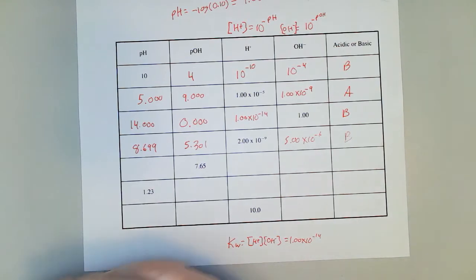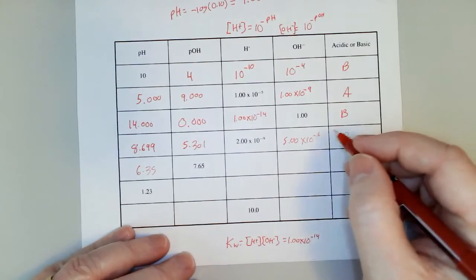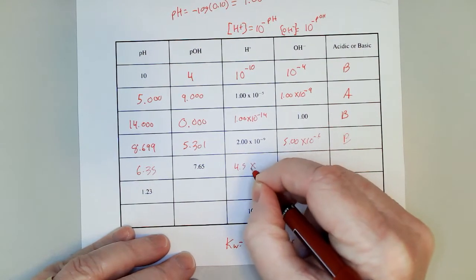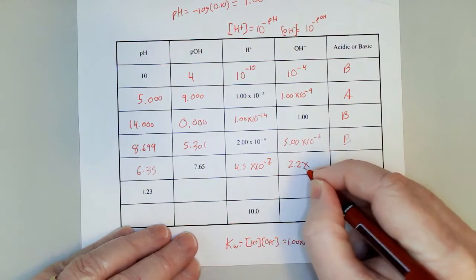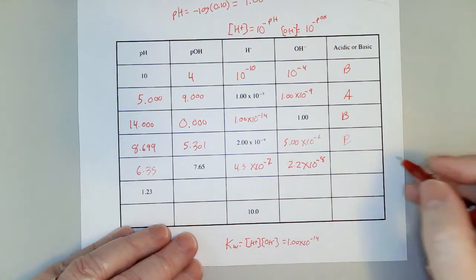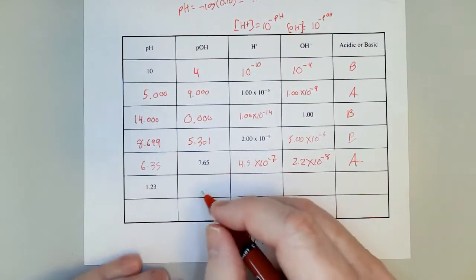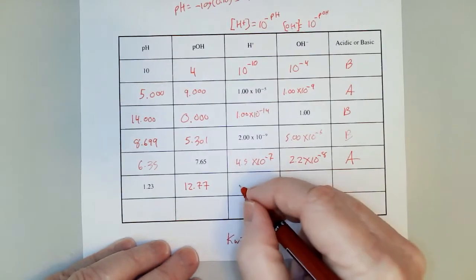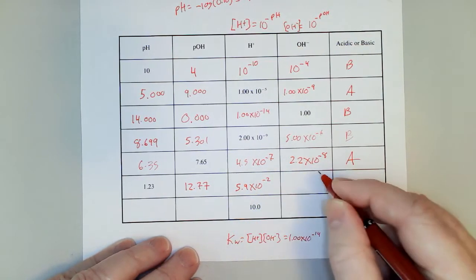All right, welcome back. Hopefully, you found that this was 6.35. And paying attention to 2 sig figs, this is 4.5 times 10 to the negative 7. And this is 2.2 times 10 to the negative 8. And it's an acid. If this is 1.23, this would be 12.77. 5.9 times 10 to the negative 2.